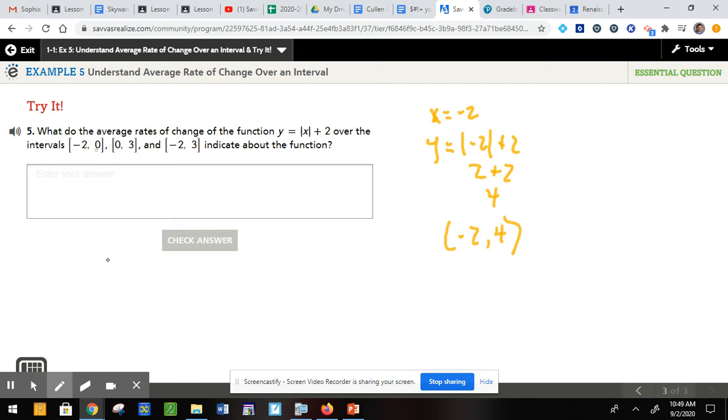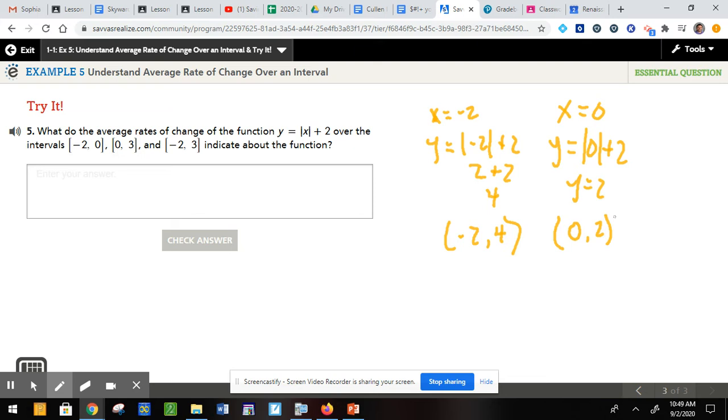For 0, again, that's an x value when it's an interval. So let's talk about an x value of 0. We're going to substitute 0 into the function. y is equal to absolute value of 0 plus 2. Absolute value of 0 is 0, so y is equal to 2. So the ordered pair would be 0, 2.